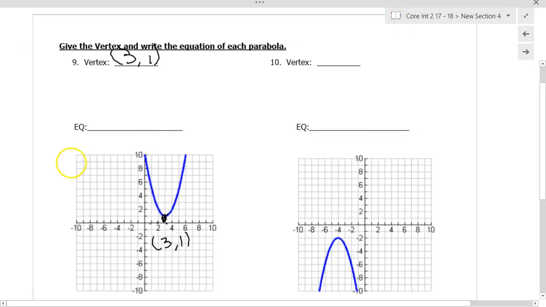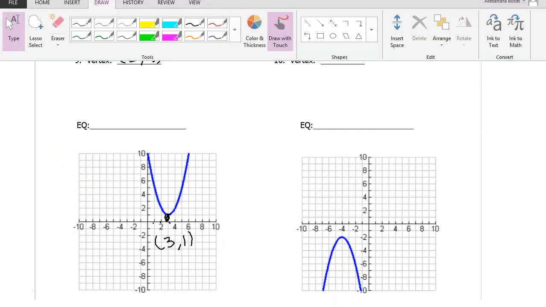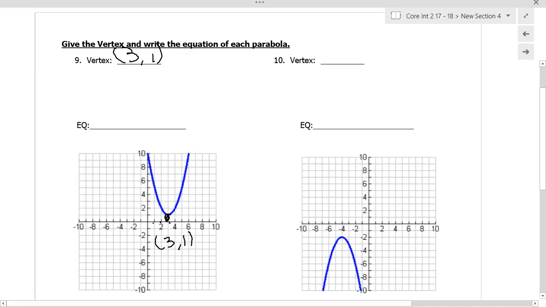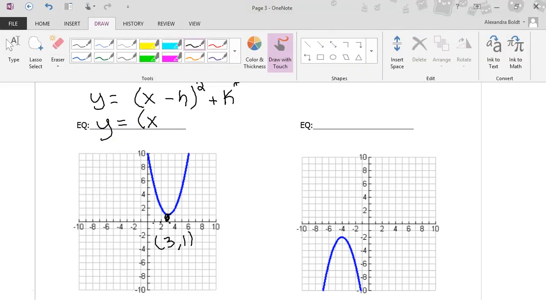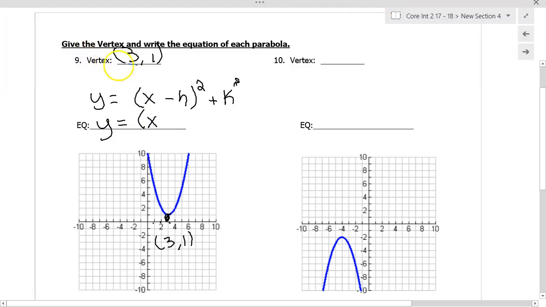When I write my equation, it's going to be of the form, remember, y equals something times (x minus h) squared plus k. That h is 3.